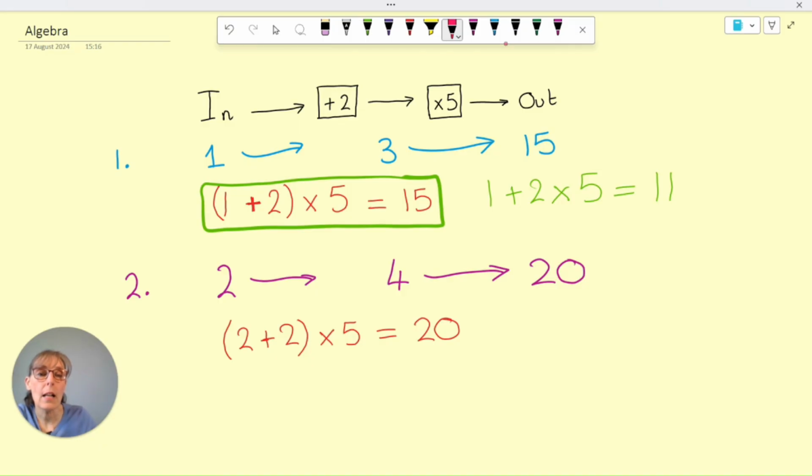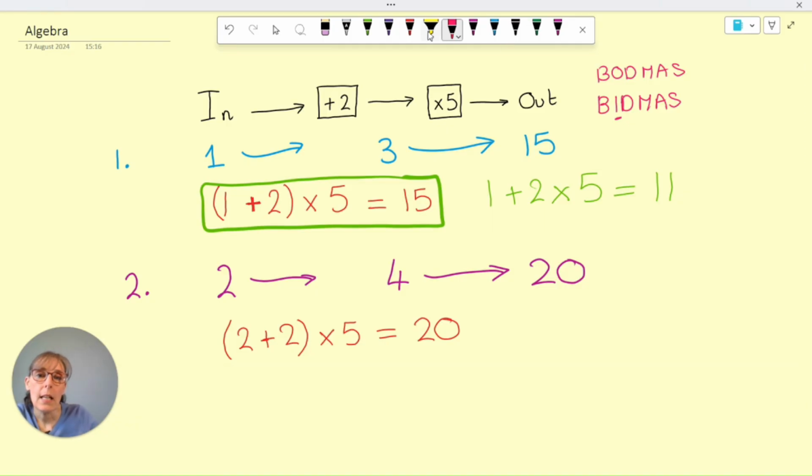You probably cover both of them because you do indices in year 6, and that's an index number, that's indices and roots.